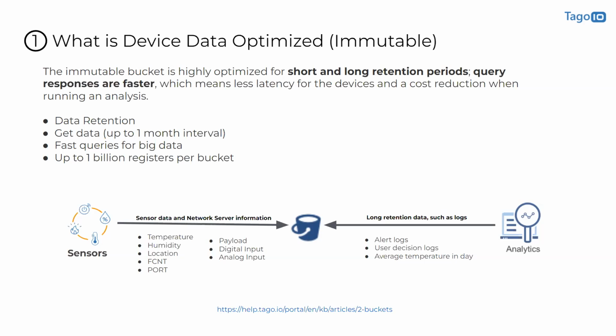And at the bottom here, you can see some common use cases for this kind of bucket. That is, of course, holding sensor information like temperature, humidity, location, etc.